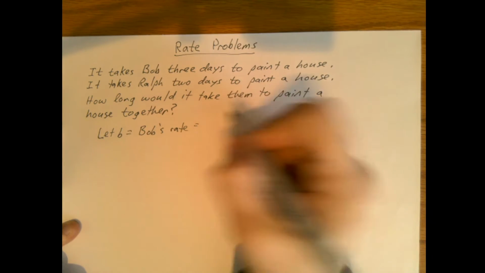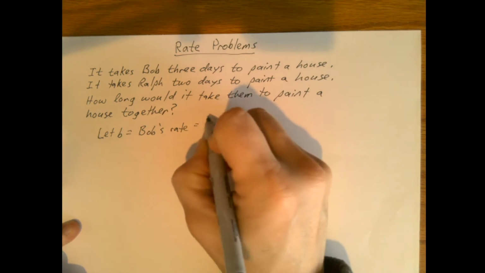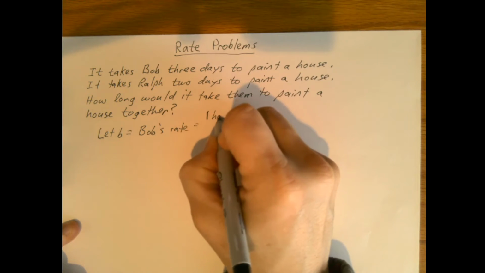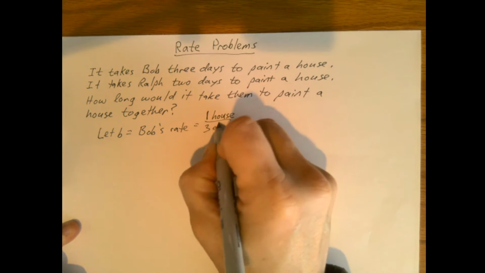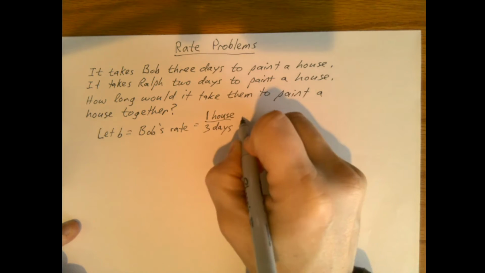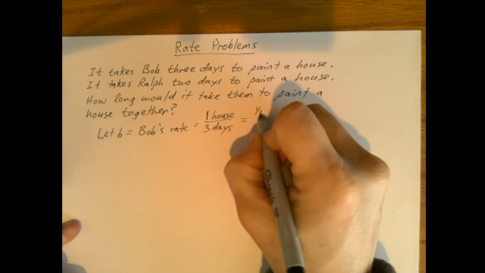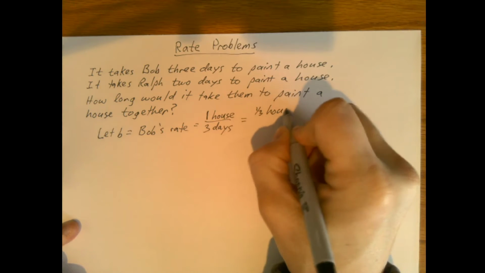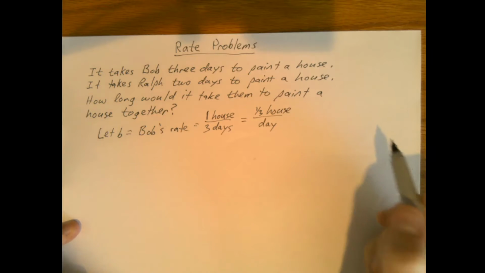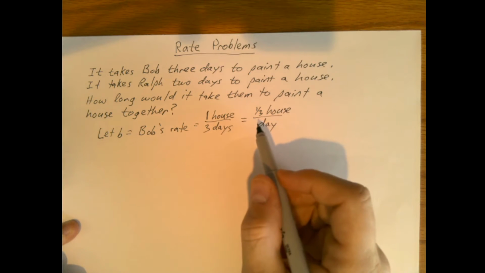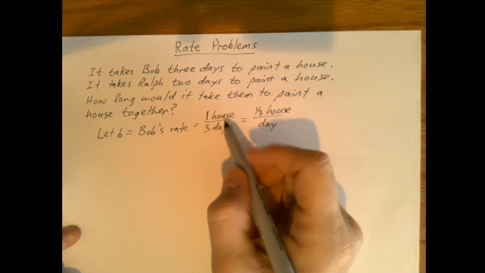So we can think of it as one house per 3 days, or 1/3 of a house per day. Mathematically, these are equivalent, but the first one is really the easier one to work with.